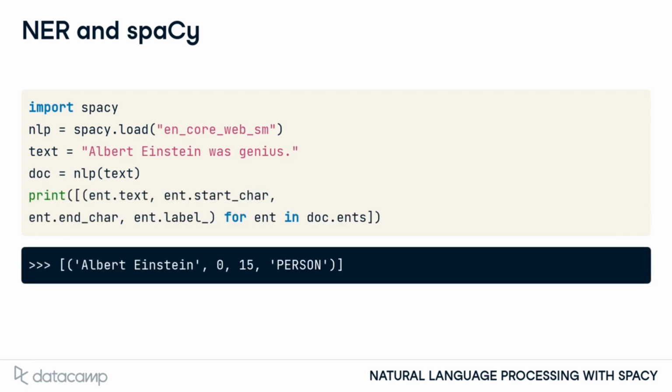We can iterate through entities by using the doc.ents attribute and access entity text, the start and end characters of each entity, and entity labels by using .text, .start_char, .end_char, and .label_ respectively. In this instance, Albert Einstein is detected as a person, which starts from the first and ends at the 15th character of the given text.